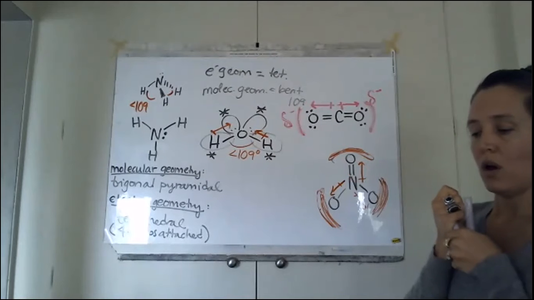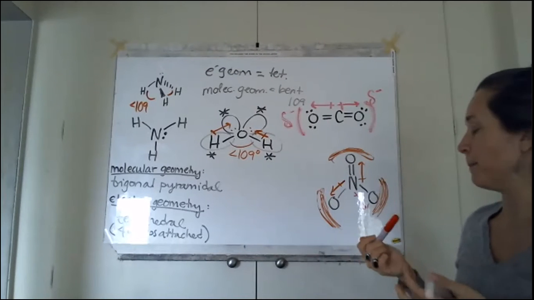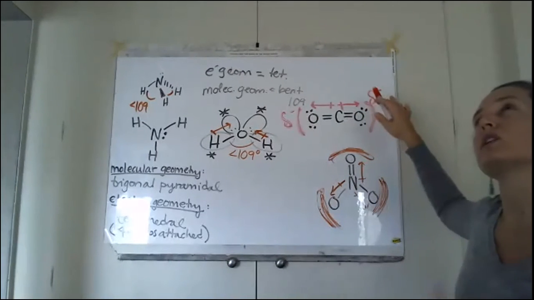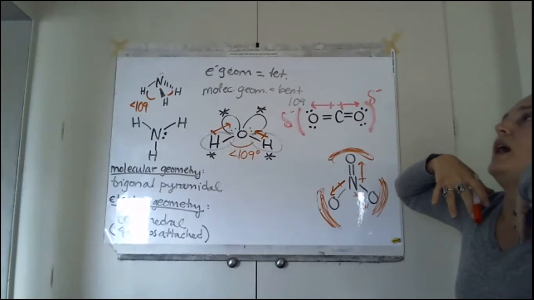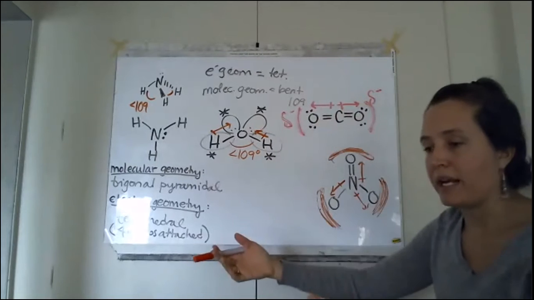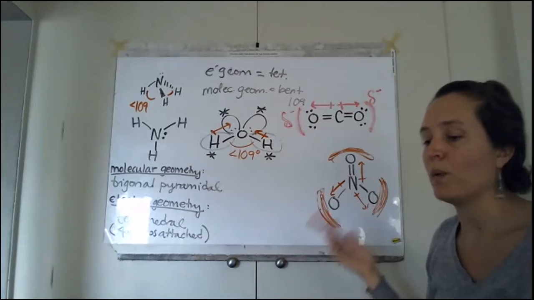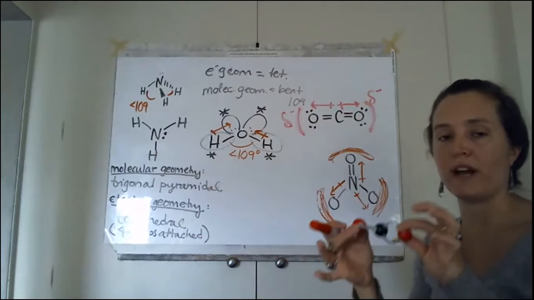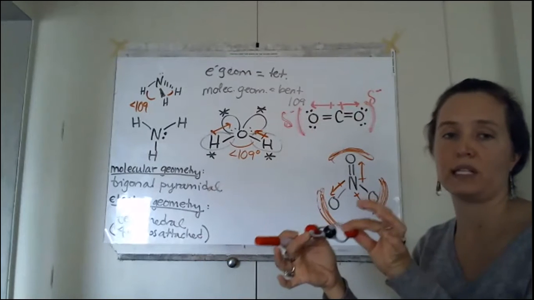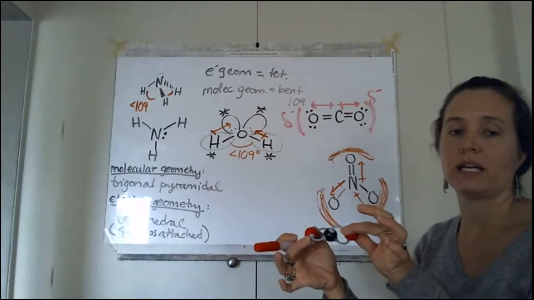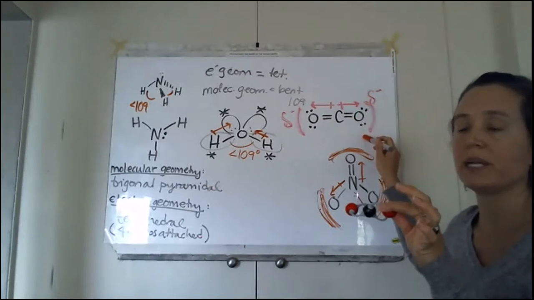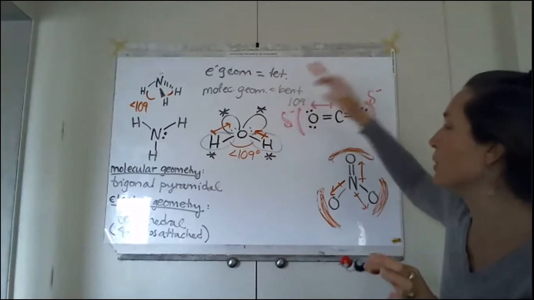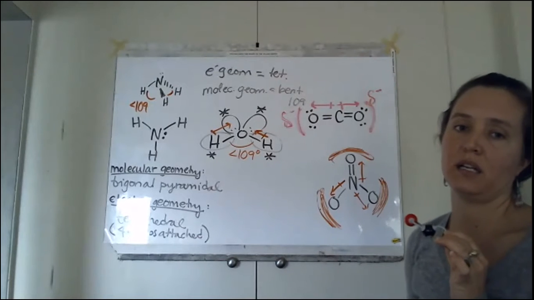Thinking of it this way explains why when we say the polar vectors cancel, it's nonpolar. There's no one side that has more electron density.